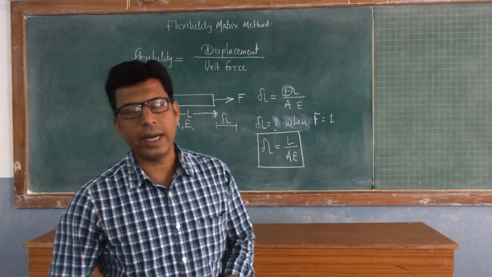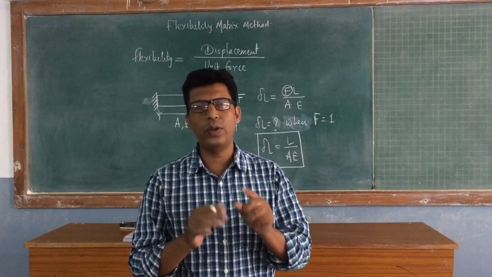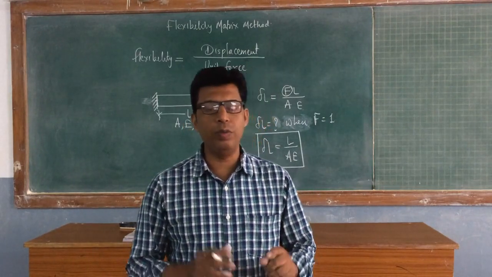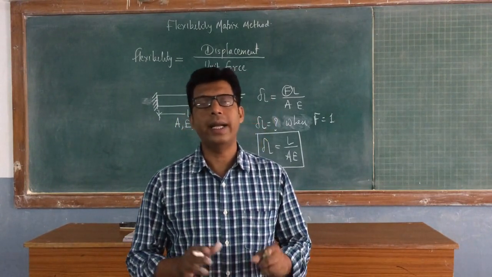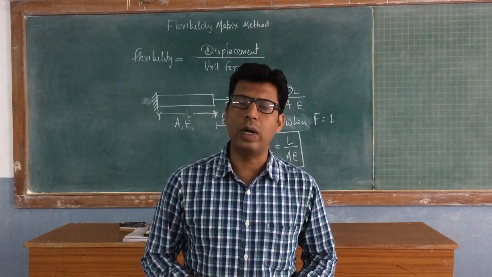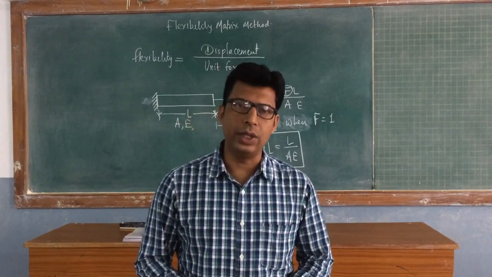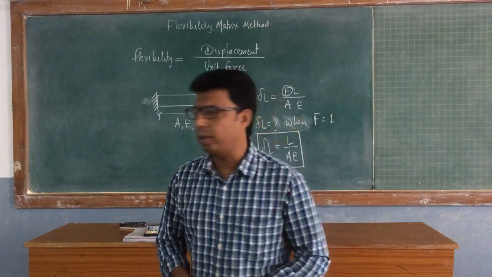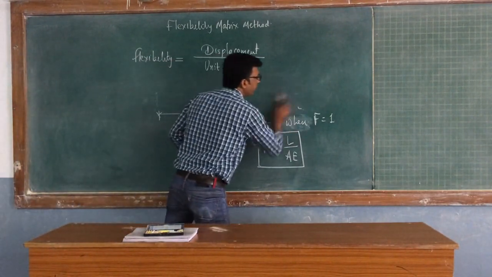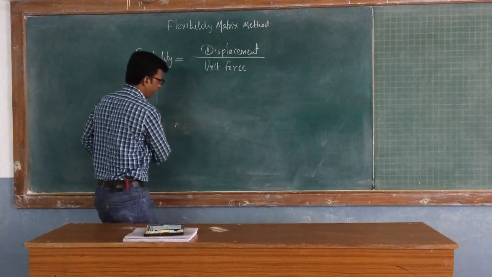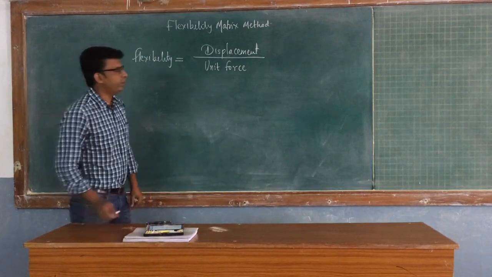Now since we have discussed that flexibility deals with the static indeterminacy of the structure, before starting the actual numerical examples we must know what the static unknowns are, that is, the number of unknown reactions for different types of support conditions. If you consider different support conditions, there are 4-5 types of supports commonly used in beam and frame structures.